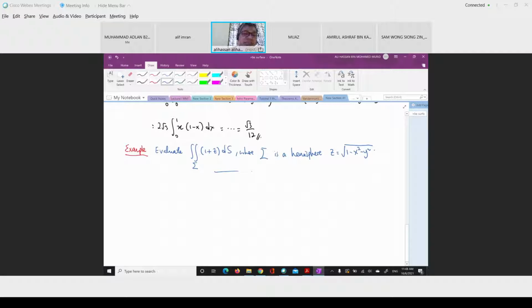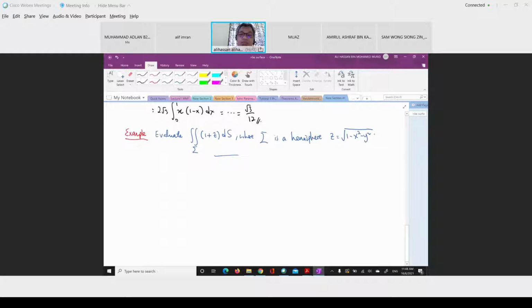So this time sigma is a surface, an upper hemisphere of radius 1. So here we have z equal to the square root of 1 minus x squared minus y squared. So this is the function f(x,y) now.